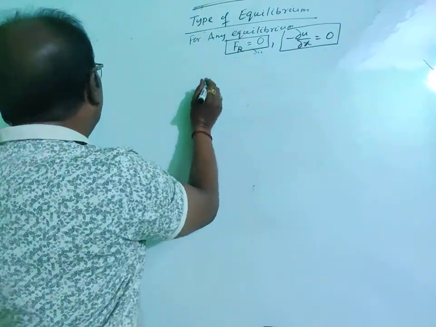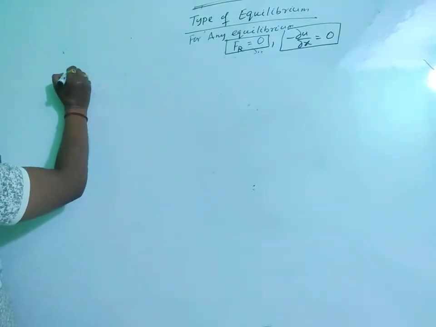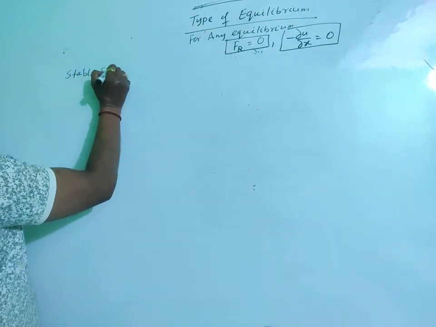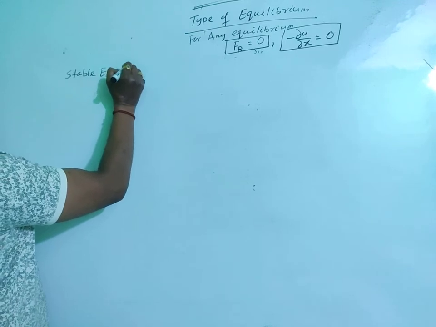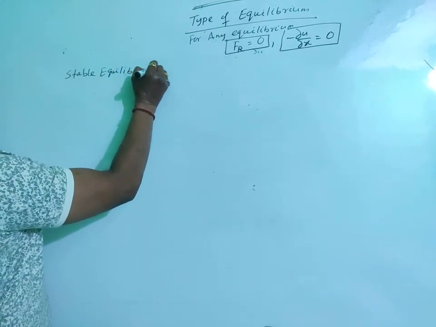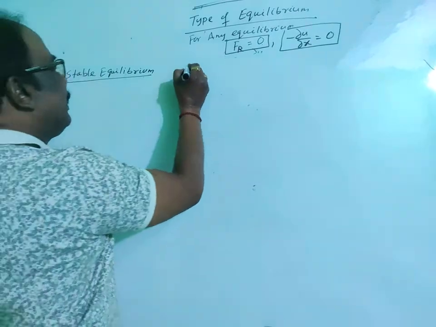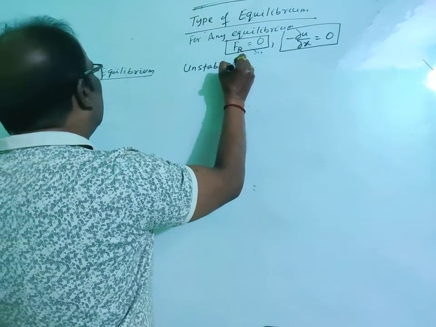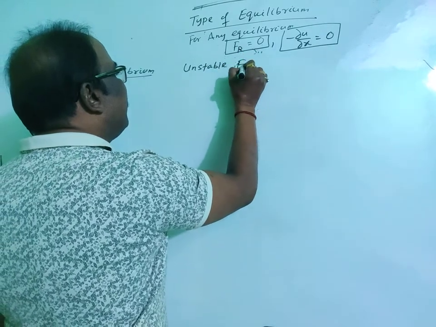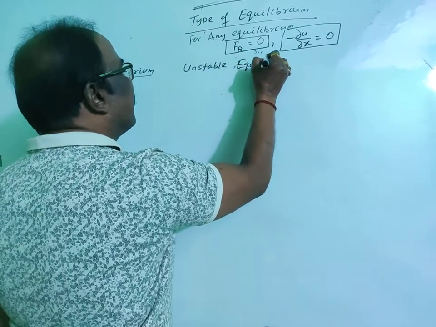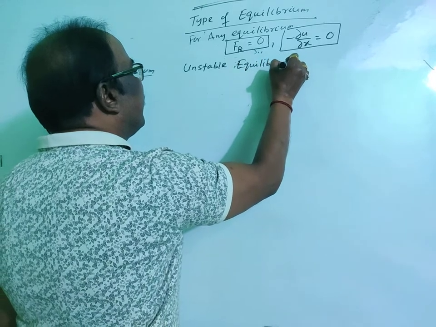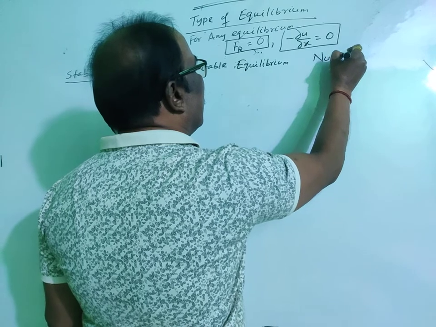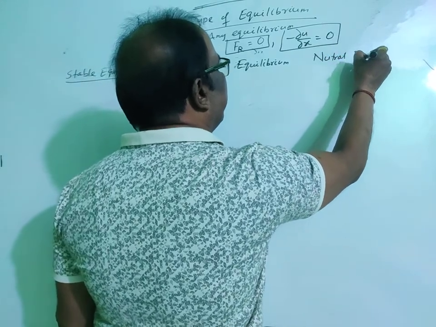Types of equilibrium: stable equilibrium, then comes unstable equilibrium, and finally neutral equilibrium.